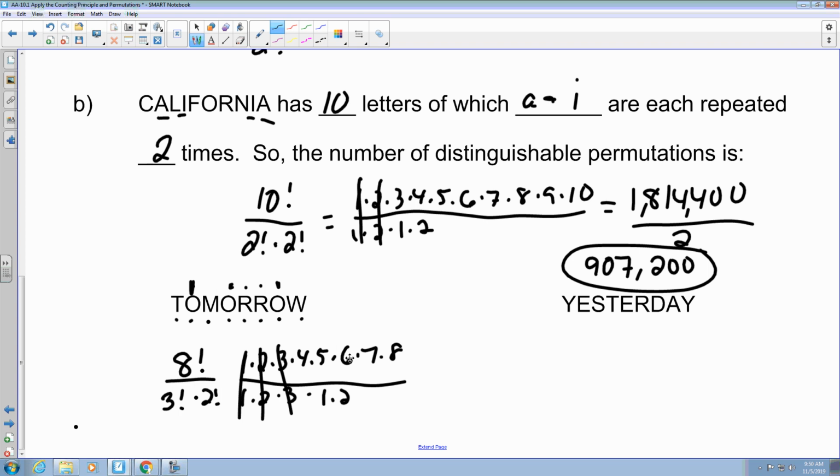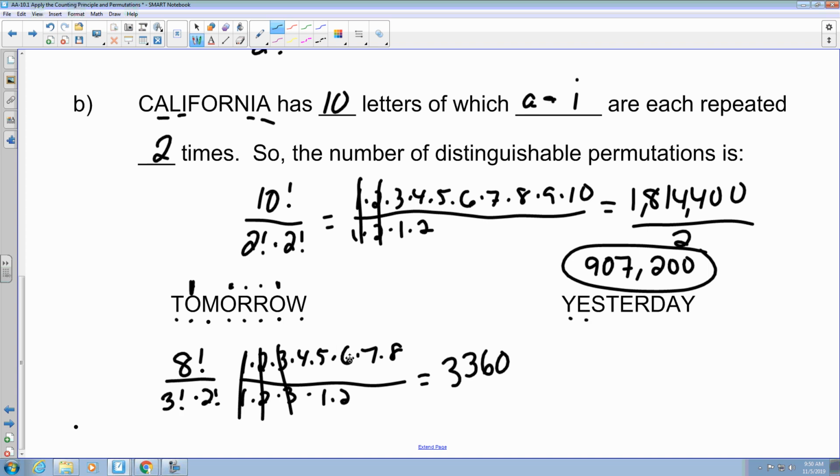I get 4 times 5 times 6 times 7 times 8, and then divide that by 2. When I divide all that by 2, I get 3,360.